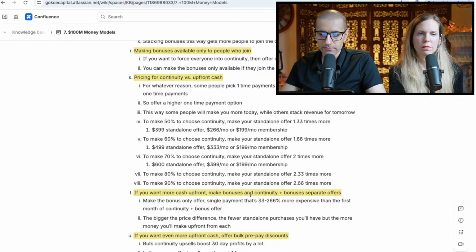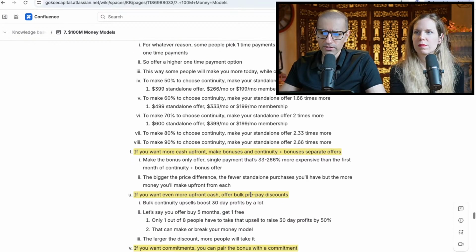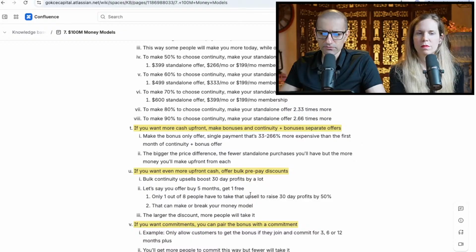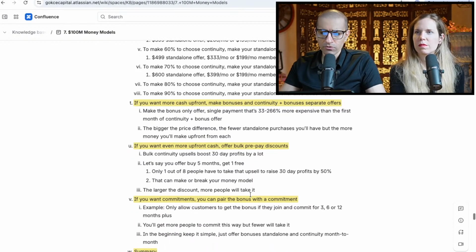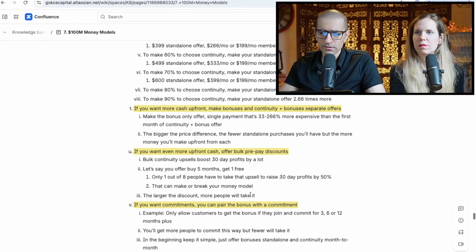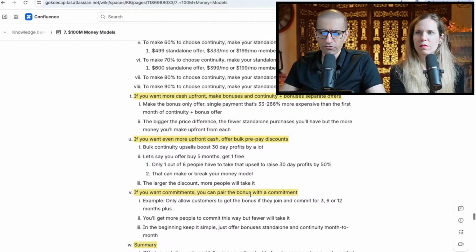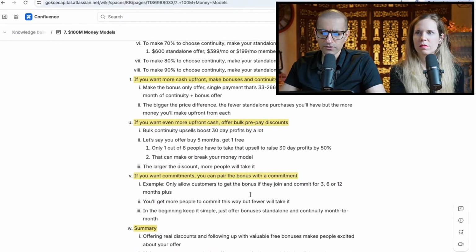Okay. If you want more cash upfront, make bonuses continuity plus bonuses. Yeah, that's fine. If you want more cash upfront, offer bulk prepaid discounts. We already know that. If you want more customers, you can pair the bonus with a commitment.